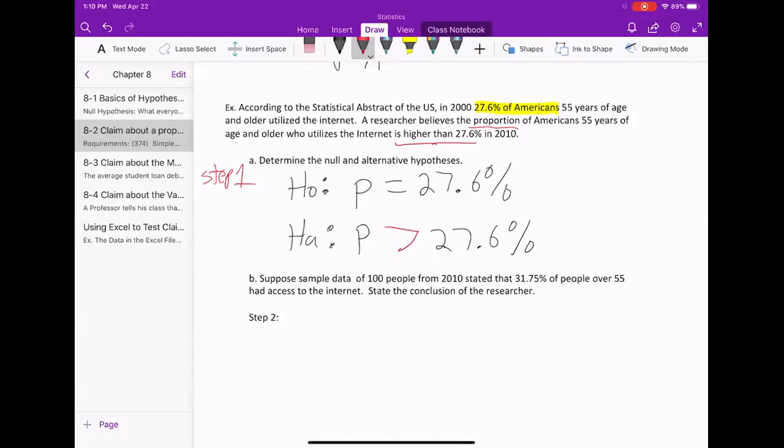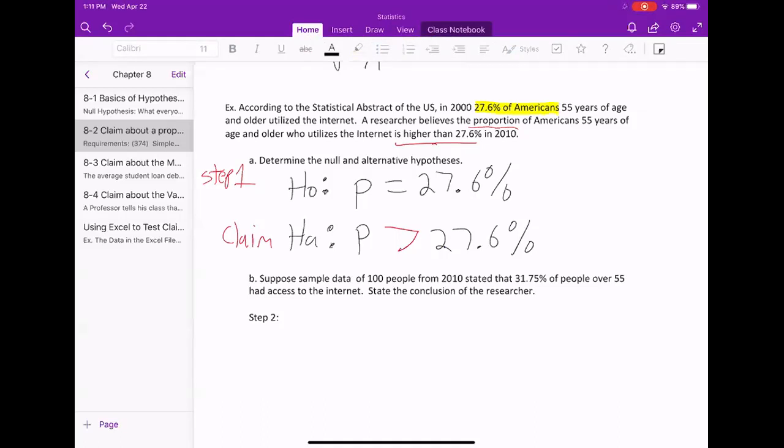So we now are going to do our alternative. This is our claim that it is higher than this. Any questions on step one, on how I came to finish my null and alternative? It is truly just pulling out the information from the problem.